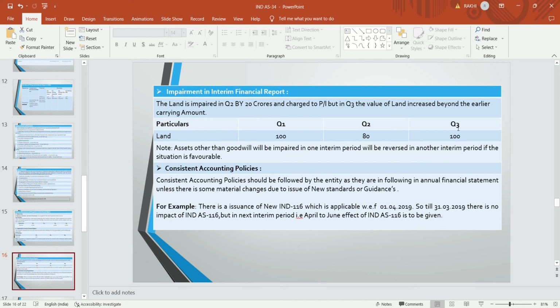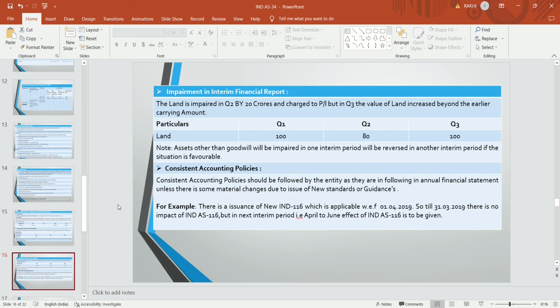And then in quarter 3 it increases to 100 crores. So these 20 crores which were impaired earlier are to be reversed. An asset other than goodwill impaired in one interim period will be reversed in another interim period if the situation is favorable, but goodwill is not reversed.